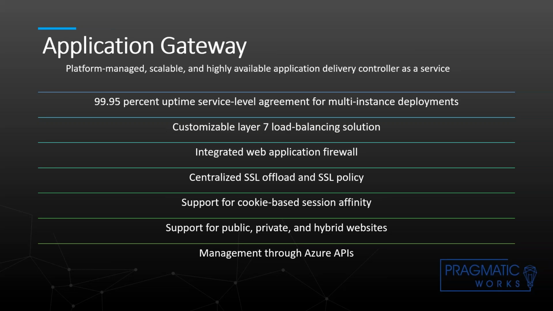Application gateways, the uptime and SLA for that is really good compared to other cloud providers. You can have customized layer 7 load balancing solutions. You can have centralized SSL offloading and SSL policy controls at your fingertips. You get to control that.